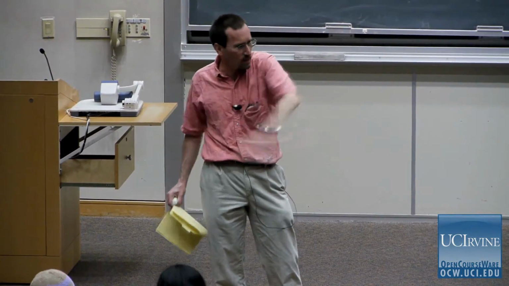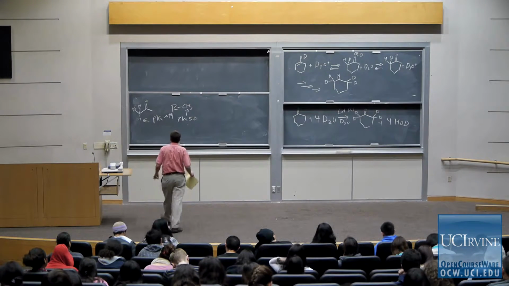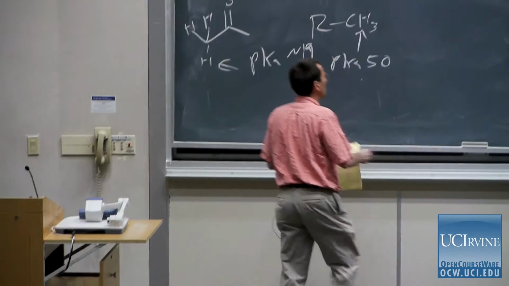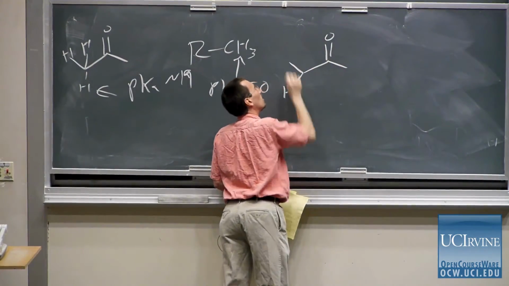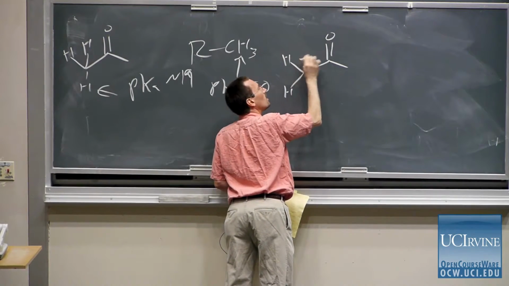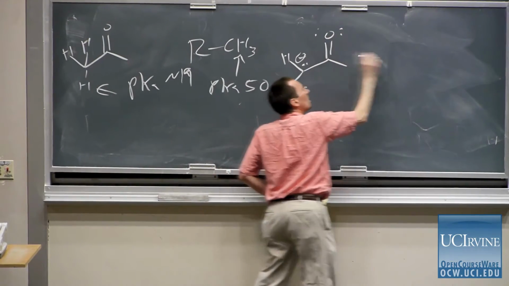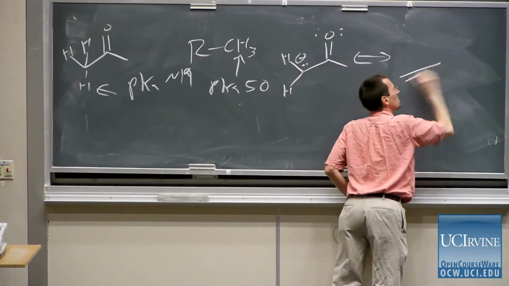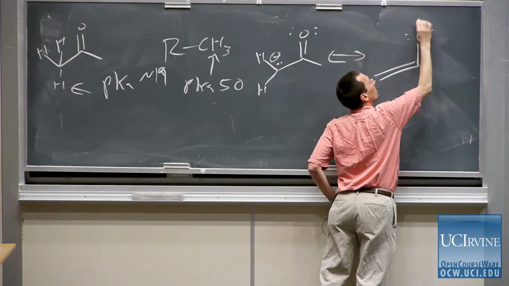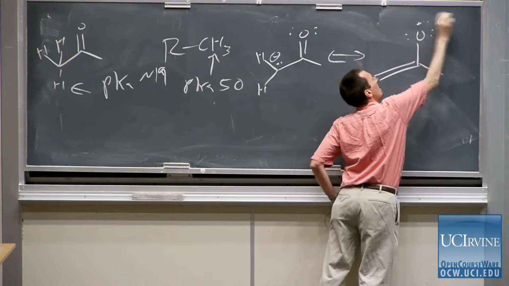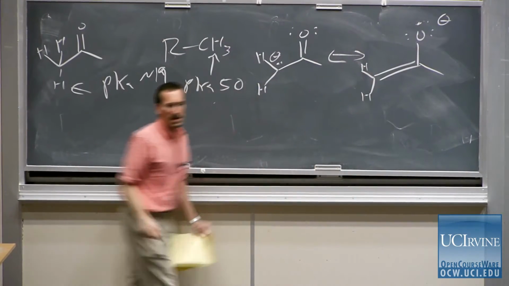It shifts the equilibrium massively, because when I think of the conjugate base of acetone, I don't just think of this. I think about that special resonance stabilization that we get as the enolate.